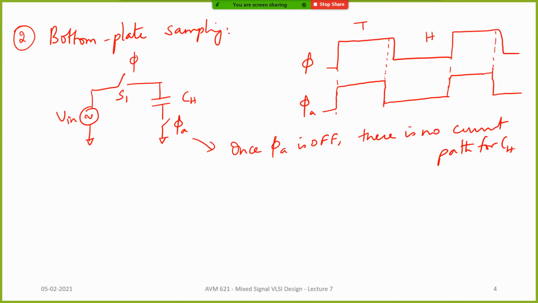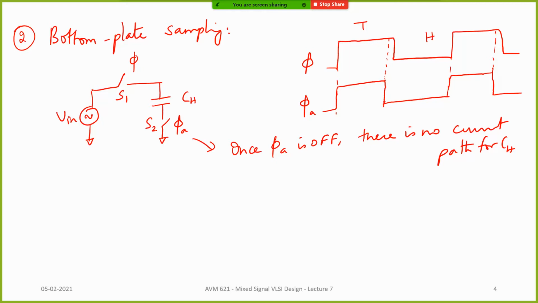Now, some of you might ask the question, now you have introduced one more switch, let me call it S2. Will not S2 also have charge injection? Correct? If you say S1 has charge injection, S2 also will have charge injection, right? And what you're saying is exactly true.